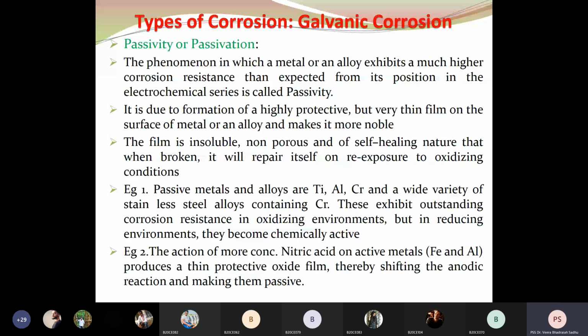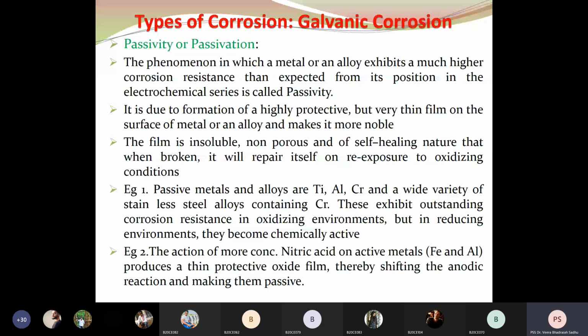Okay, so this passivation layer is insoluble and non-porous, and it has a self-healing nature. That means if there are some cracks on the surface, it cures itself and forms again.